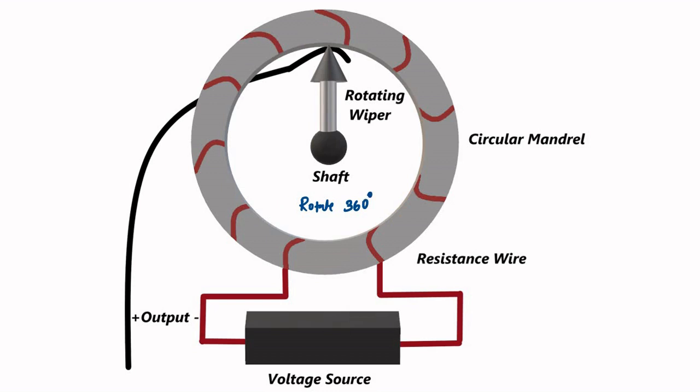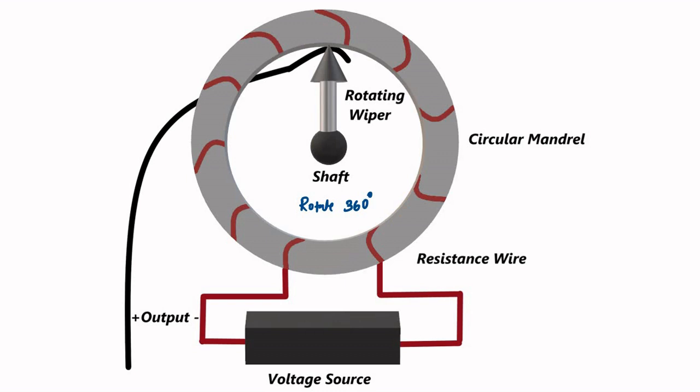So here it is used for measuring the angular displacement. Depending upon the position of the shaft and the rotating wiper, the total circular resistance is split into two parts and we get the signal. Same principle, but that is for linear displacement, this is for angular displacement.